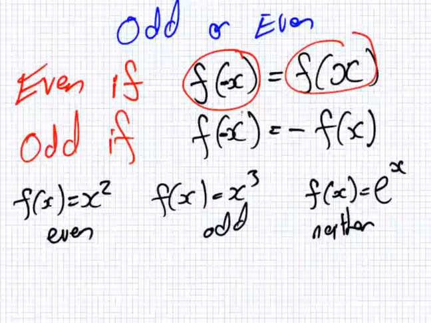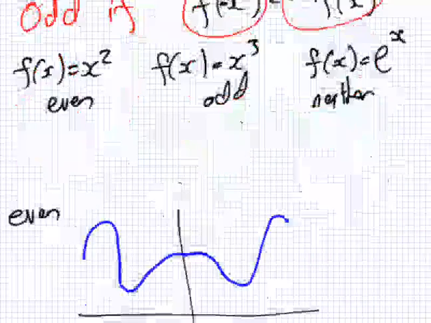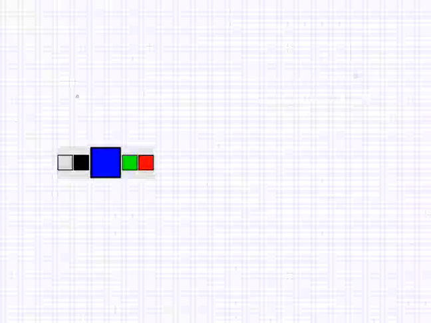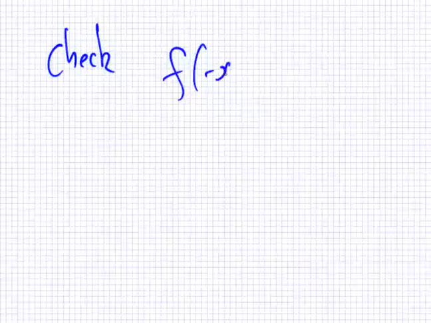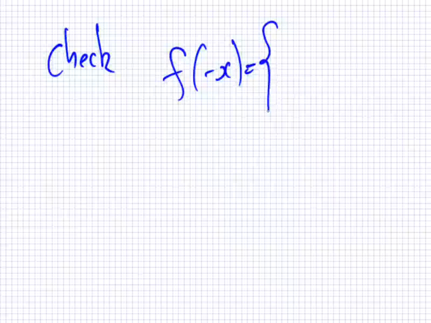X cubed, you see. Any other functions? Maybe it's not clear, but it should always be increasing. That's one to one. But is it maybe non-negative? Is it straight at the origin?